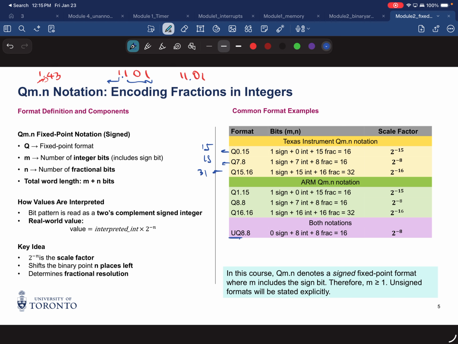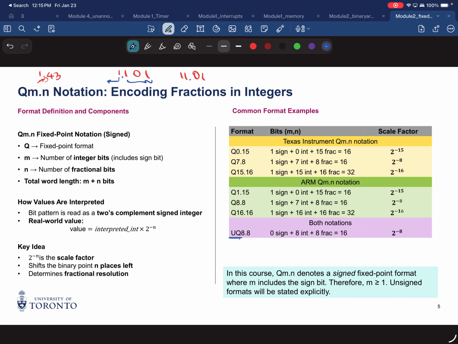So you can see here that Q0.15 means we have 1 bit for the sign, again because it's implied, then 0 bits for the integer, 15 bits for the fraction. Next, Q7.8: 1 bit for the sign, 7 bits for the integer side, 8 bits for the fraction, and Q15.16 the same. So we have in total 16 bits, then 16 bits, and then 32, and those are the scale factors that you would see.